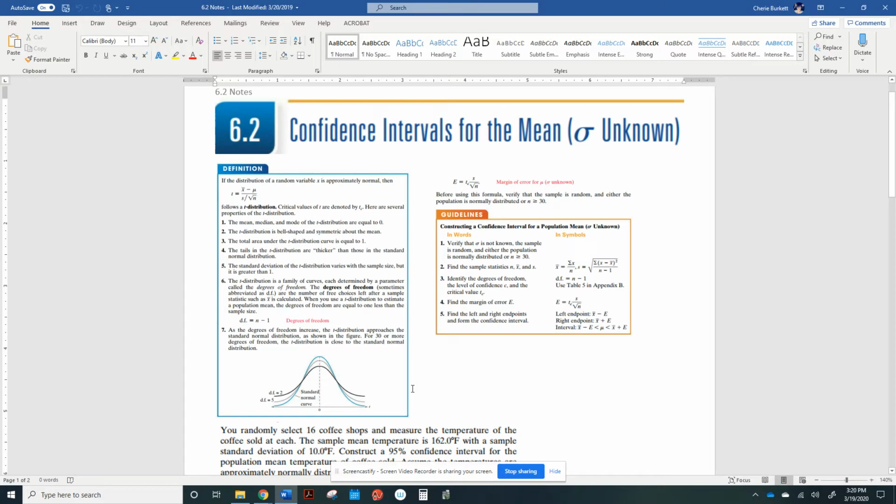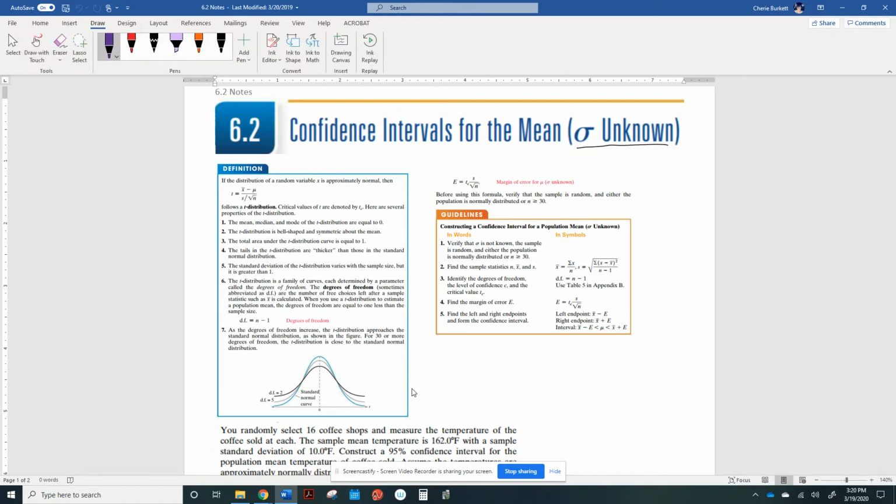Okay, so 6.2 is going to be exactly like 6.1 with this exception right here. They are not going to give you the population standard deviation, but not to worry, they will give you the sample standard deviation.